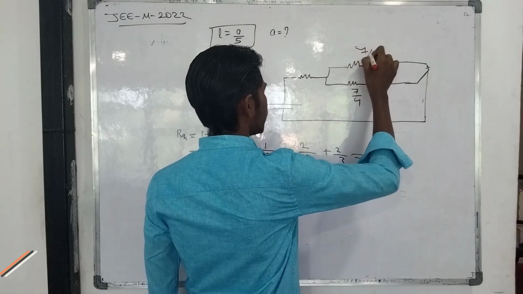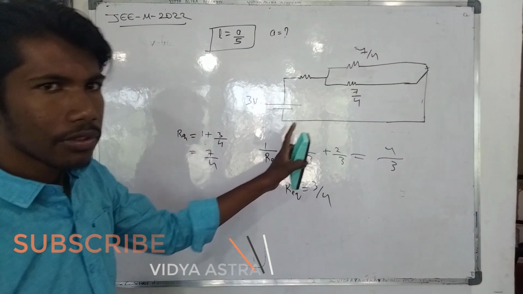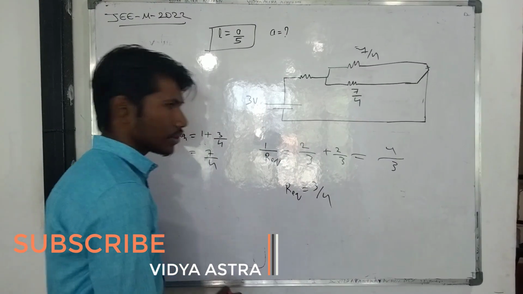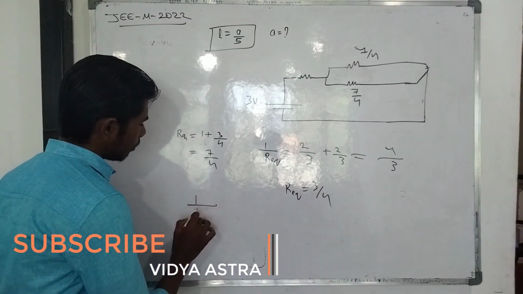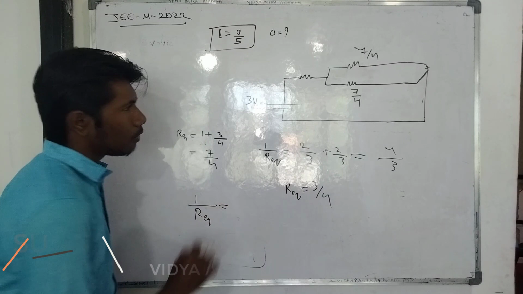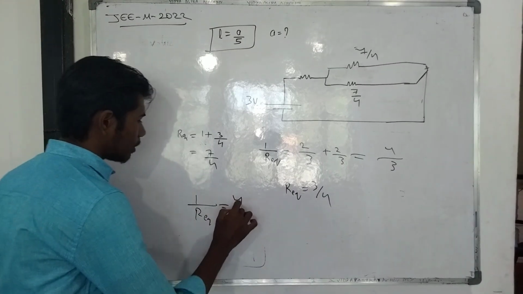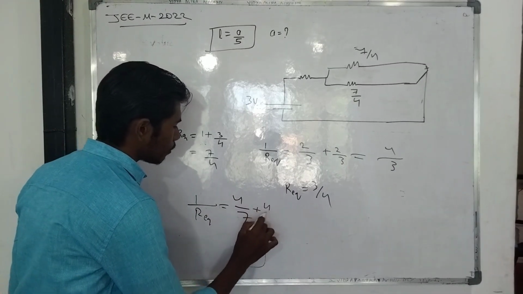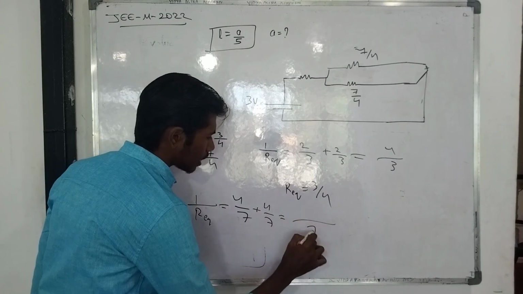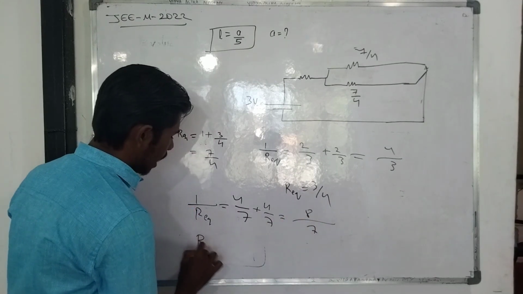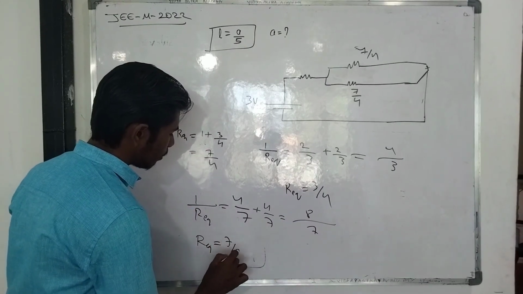Okay, 7 by 4. Now the 7 by 4 resistors are in parallel connection. So what I can do? 1 divided by R equivalent equal to 1 divided by 7 by 4, in place of that I will write directly 4 by 7 plus 4 by 7, 4 plus 4, 8 by 7. Then the value of R equivalent is 7 by 8 ohms.